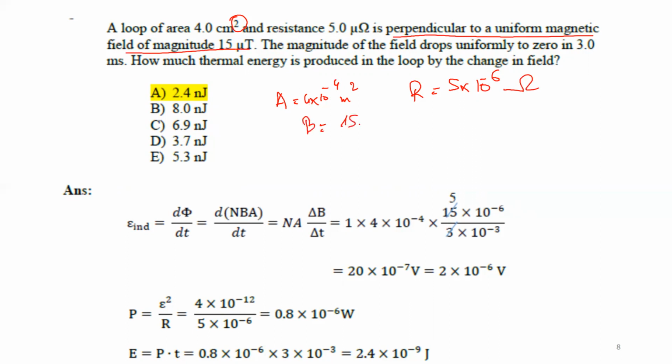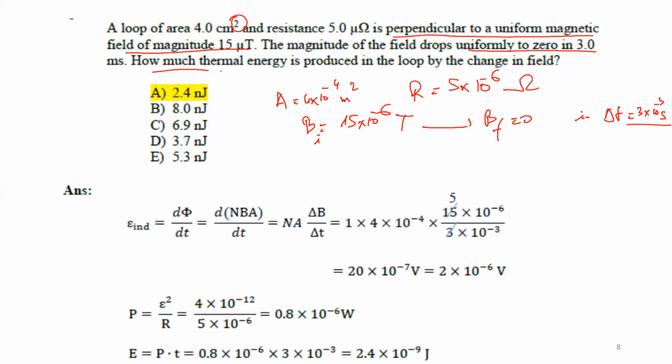B is 15 microtesla, 10 to the power minus 6 Tesla. And here, the magnitude of the field drops uniformly to 0 in 3 milliseconds. So this is B initial, and B final is 0 in delta T, which is 3 times 10 to the power minus 3 seconds. The question is very simple.